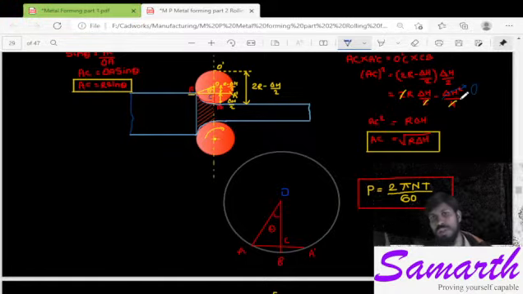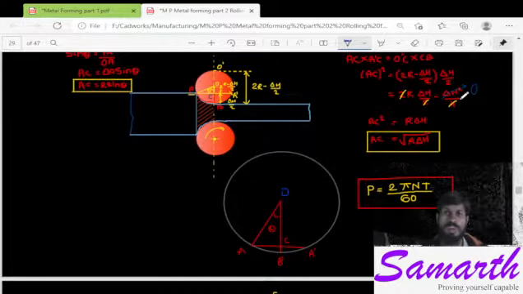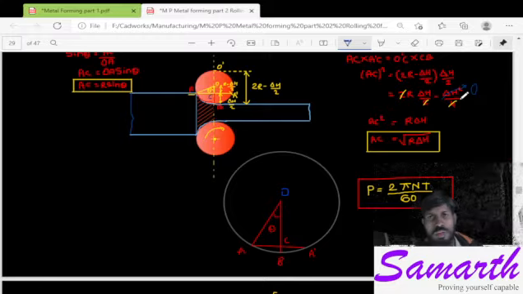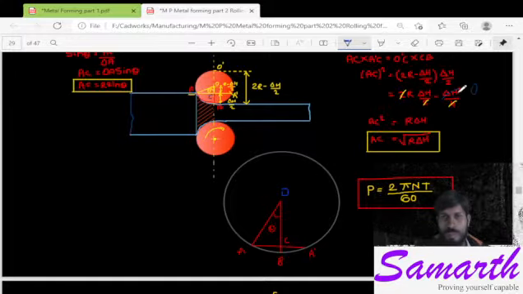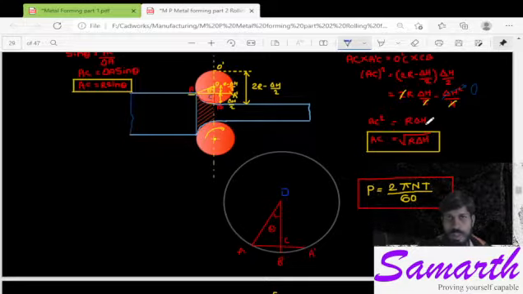Let us say this value is 0.1. 0.1 into 0.2 will be again 0.001. It will be so small that we can neglect this value, but we are keeping this value as it is. So R into delta H. Here we are getting AC is equal to under root R into delta H.